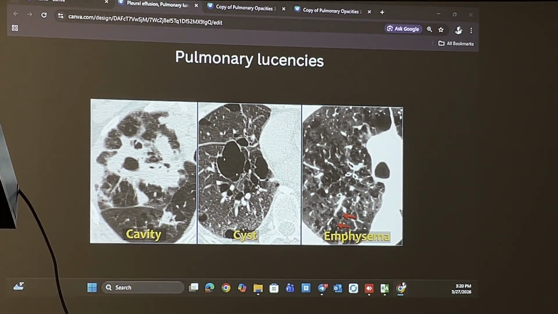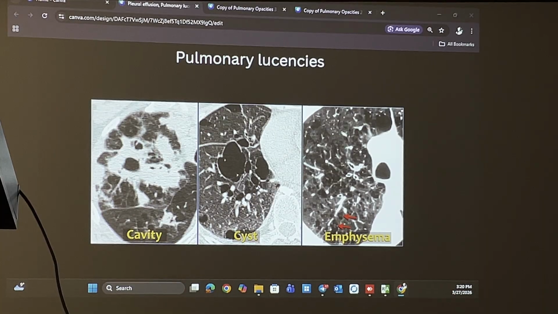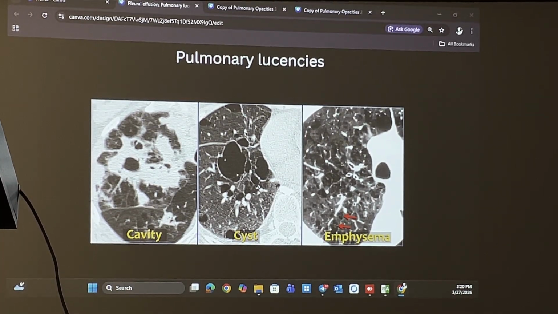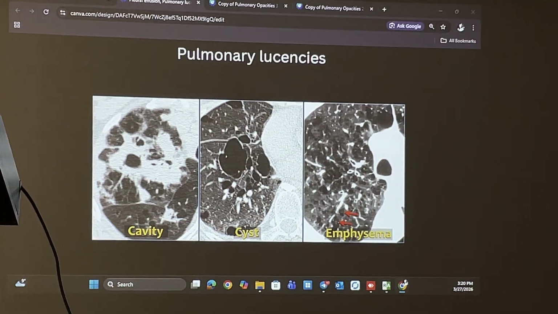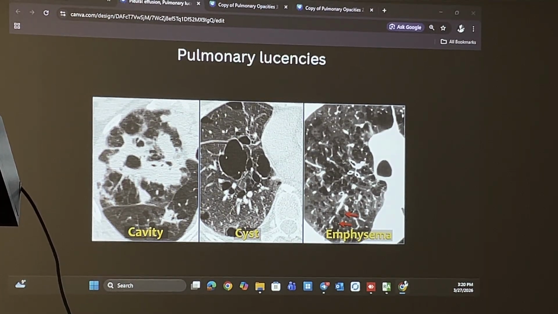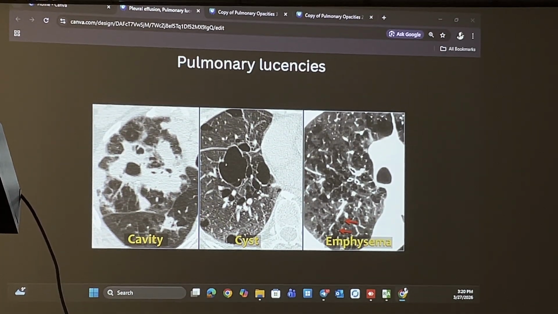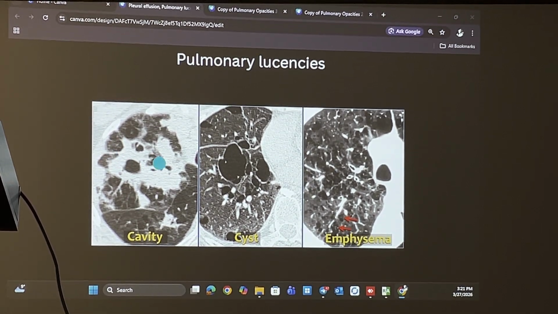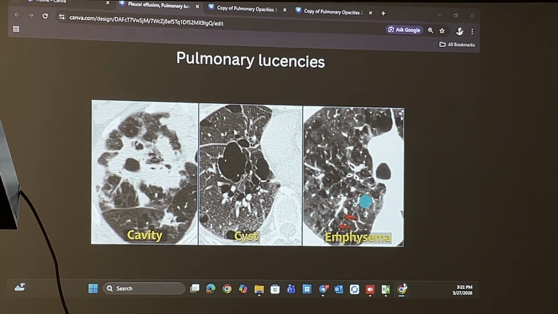A more practical approach is to describe areas of decreased density in the lung as cavity, which is lucency with a thick wall, cyst, which is lucency with a thin wall, and emphysema, lucencies without visible walls. Thick wall, cavity; thin wall, cyst; no visible wall, emphysema.